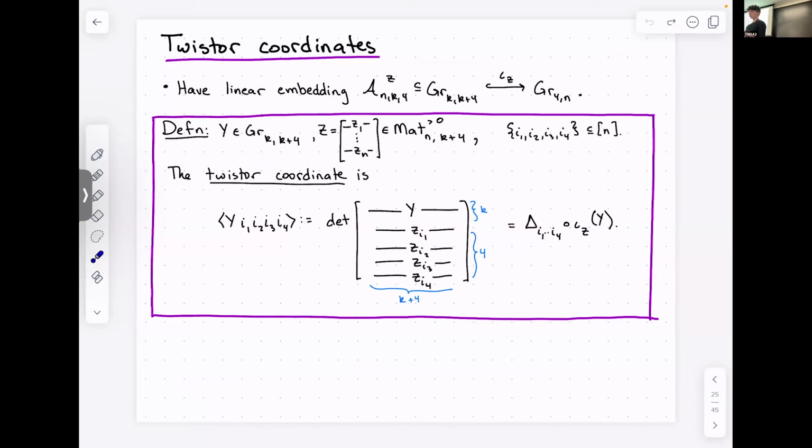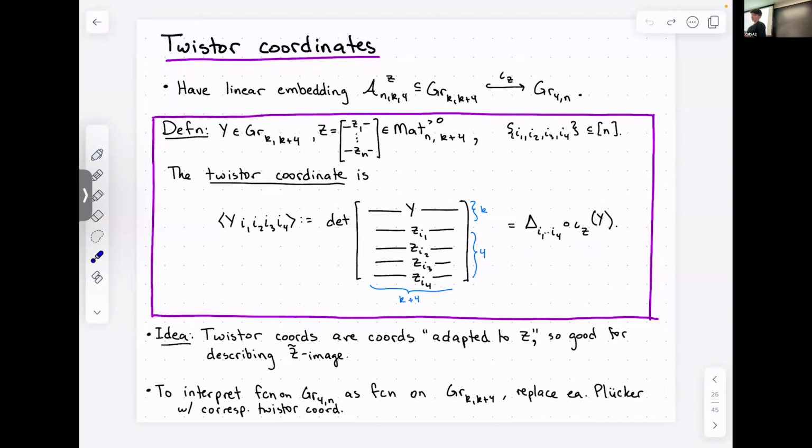The twistor coordinate of y, ⟨y i1 i2 i3 i4⟩, is just the determinant of the matrix where I put y on top, followed by the i1-th row of Z, then the i2-th, i3-th, and i4-th. You can either just look at these as perfectly reasonable functions on Gr(k,k+4), or I can tell you this is exactly what happens when I embed Gr(k,k+4) into Gr(4,n) and then evaluate a Plücker coordinate after doing that embedding.